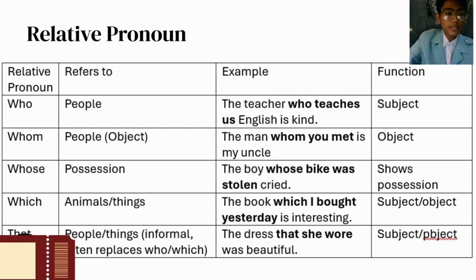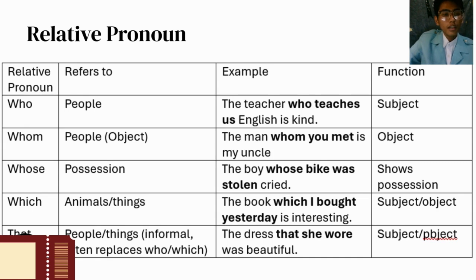Okay. In the second example, we have whom. The man whom you met is my uncle. The noun at the front, the man, is not the one doing the verb met, but the noun you is the one doing the verb met. So the man is not the subject. Therefore, we are using the pronoun whom.